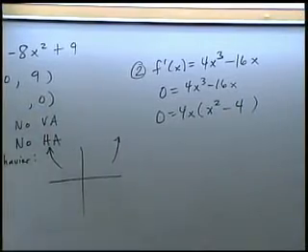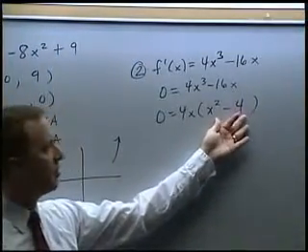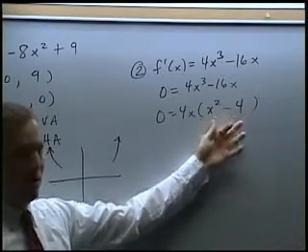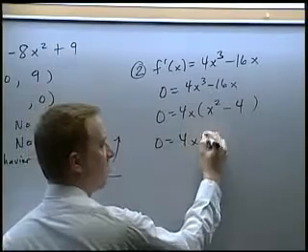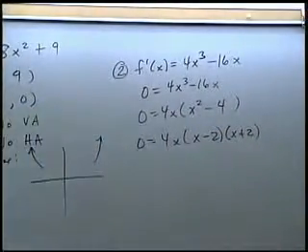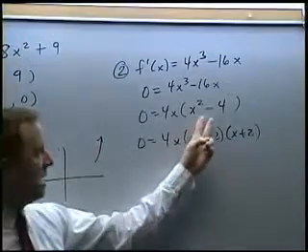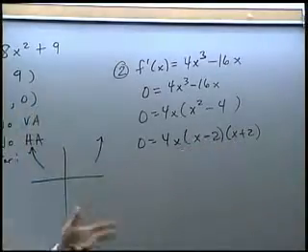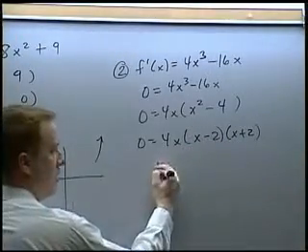Then the question becomes, can I do any factoring or solving with this? What are the solutions? If you're comfortable factoring difference of two squares, you'll see that this is (x plus 2)(x minus 2). If you don't remember that, set this equal to 0 and solve it, and you'll get 2 and negative 2 as your answer. Either way, what are my three solutions here?